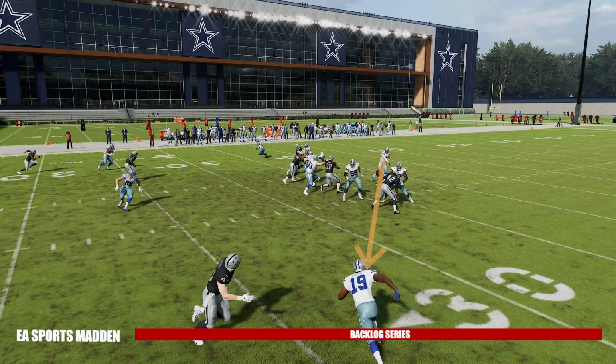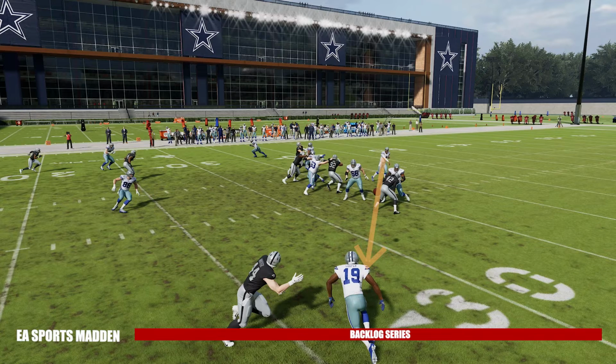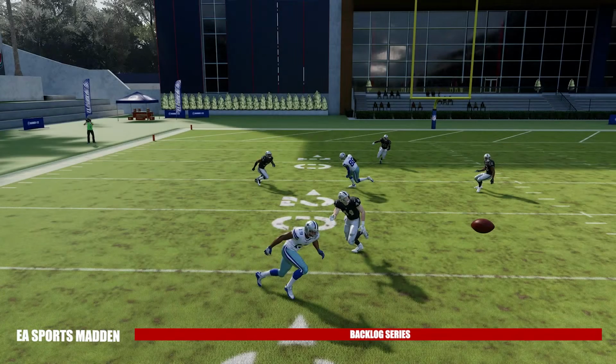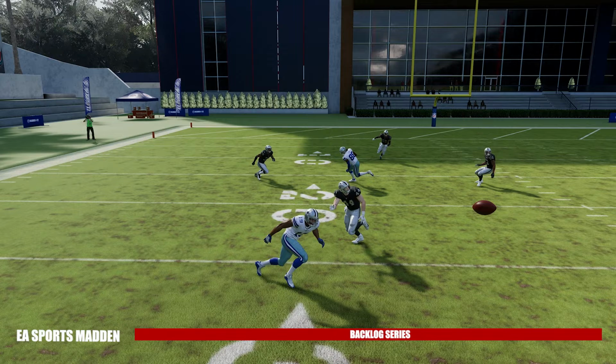And as he steps further, it's coming further and further, basically behind him, as if the ball was thrown behind him. The wide receiver is not going to the ball, he's running his path. But if you look at that linebacker, he knows exactly where that ball is going, and he's going for it. And finally, you will see how the game cheats.